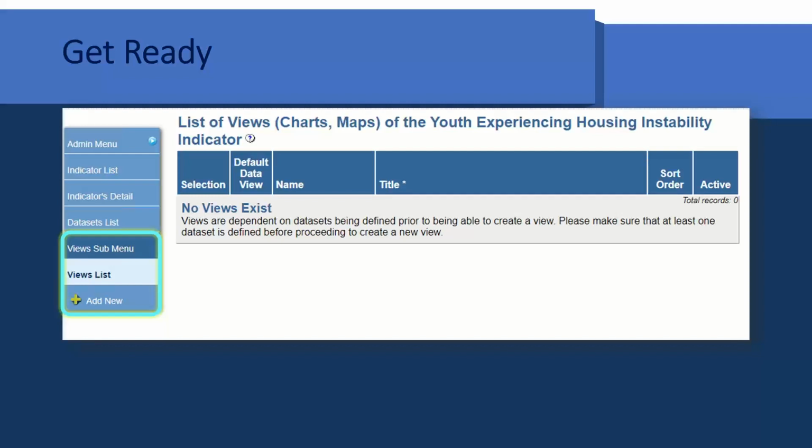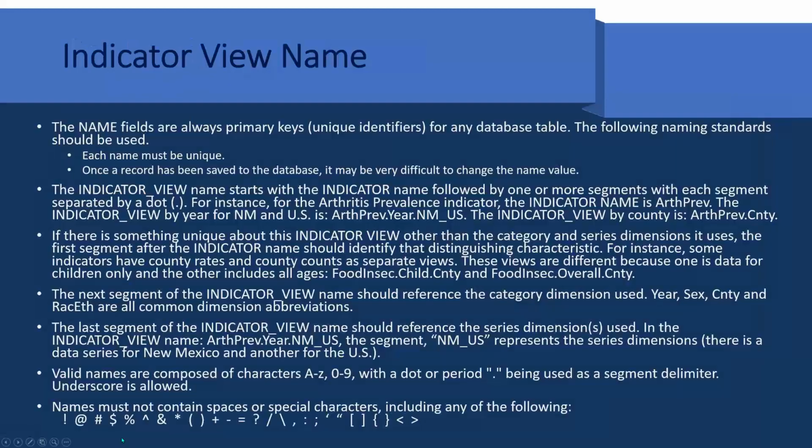Race, ethnicity, and gender identity are important risk factors in the YRRS. So I wanted those views. And similar to when we start with a new indicator, when we start with a new view, we want to think a little bit about the name.